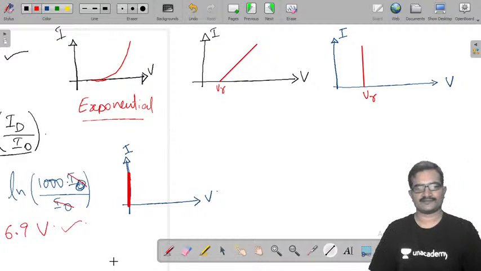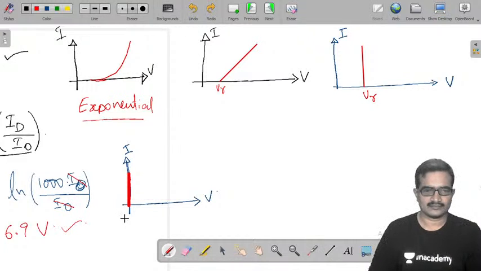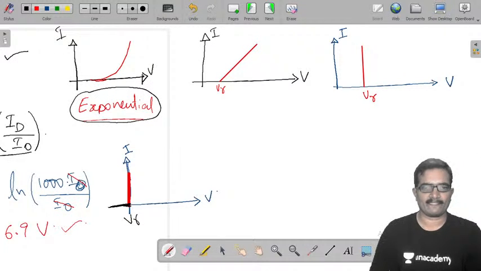Here it is V gamma. After that, this is 0. So this is the exponential modeling representation. Exponentially you define your diode.